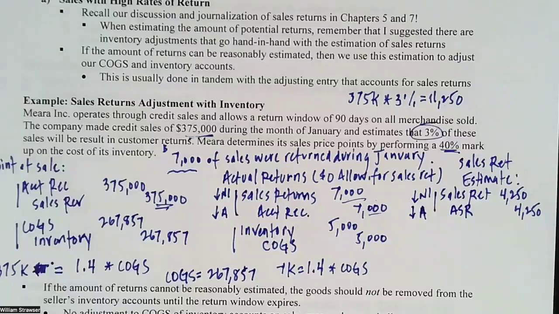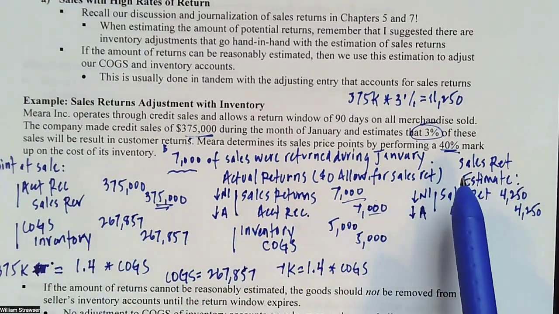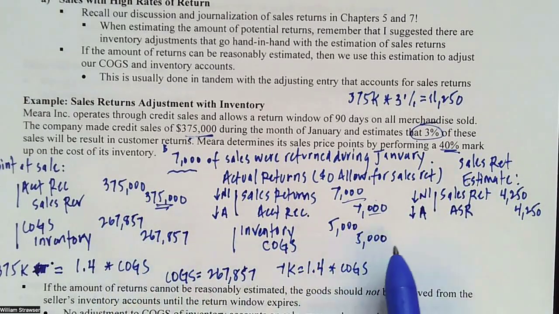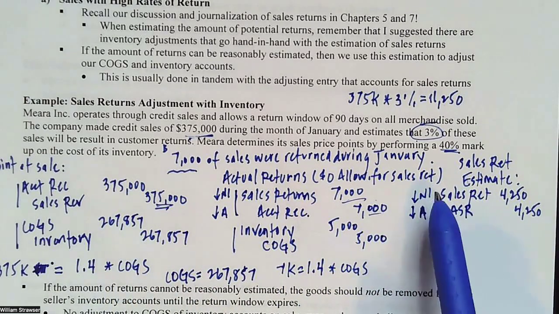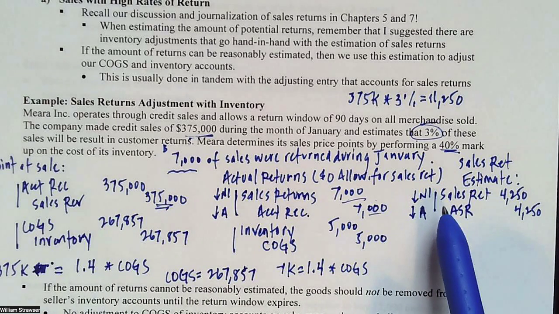Now, again, even though this is just an estimate, even though it hasn't happened, we have to perform a reversal, as we did here, of this primary item, because even though they haven't come back yet, we are still estimating a net income effect based on the returns we still anticipate coming through.